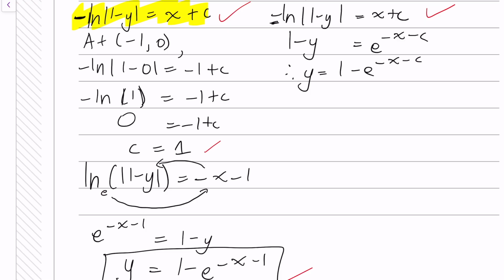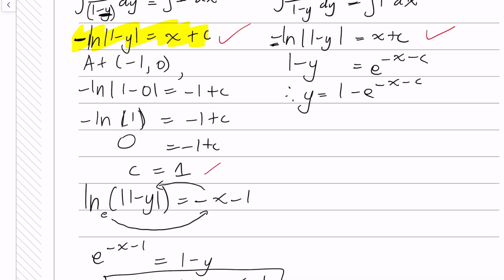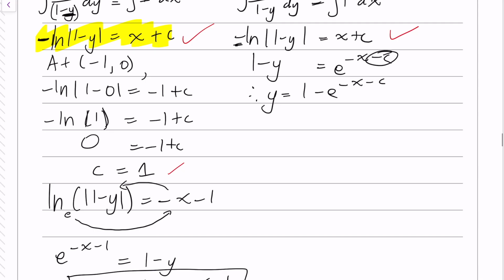Oh yes, so I believe actually the main difference is because we have our constant, we're trying to find that constant.